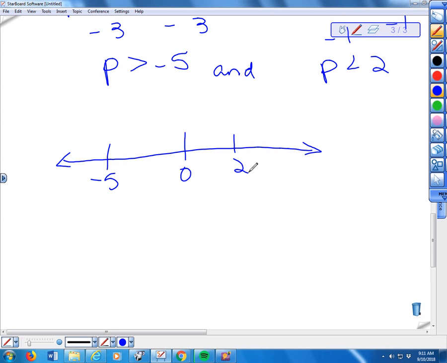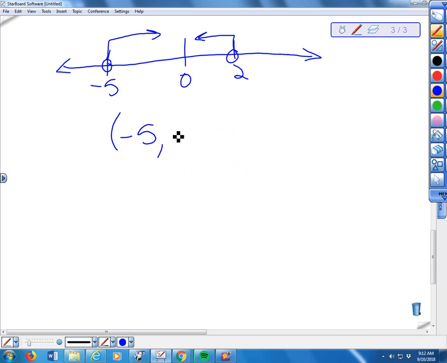Okay, so it says P is greater than -5, open circle this direction, and P is less than 2. The only answers that would meet both of these are the ones between those two numbers, right? The last problem, we could go forever. So let's say it's -6. That would meet this one, but would it meet this one? No, which is why it's just going to be between the two. So if I write this in interval notation, it looks like that. Questions? Pretty easy, hopefully.